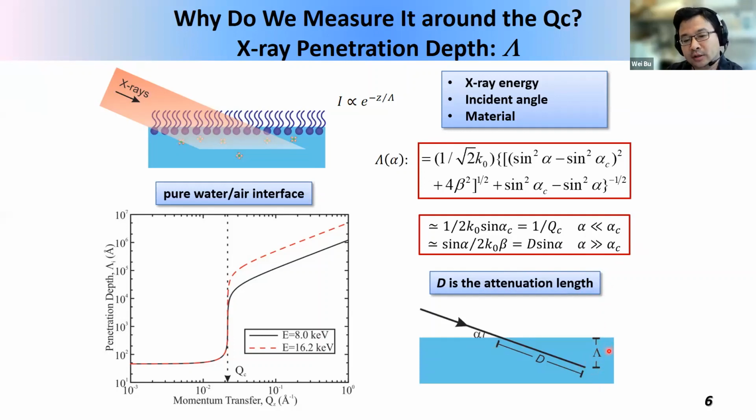Or you can look at it this way: penetration depth accounts for the intensity decay along the Z direction, which is normal to the interface, and attenuation accounts for intensity decay along the beam direction. At an extreme case, when the incident angle is 90 degrees, these two are basically the same, so the X-ray penetration depth is equal to the attenuation length.